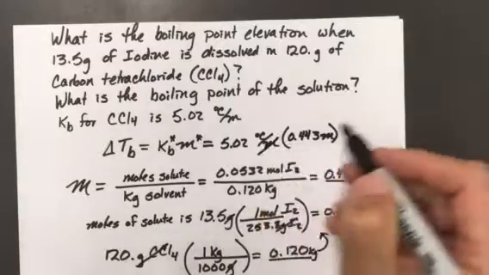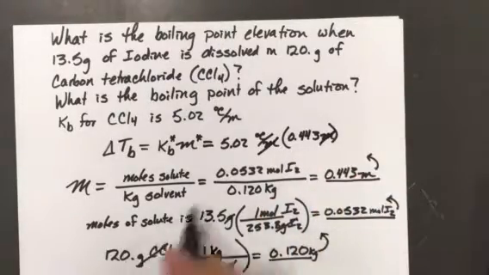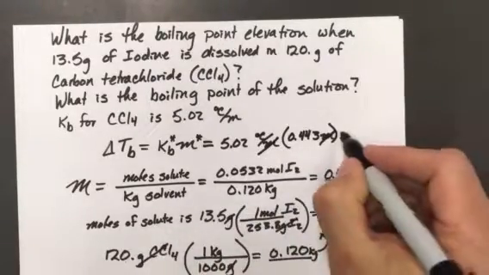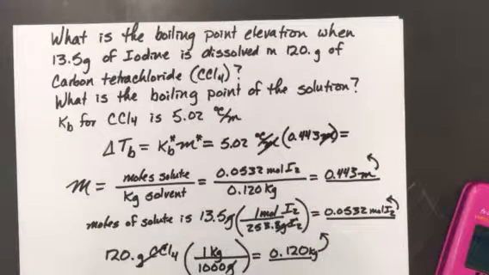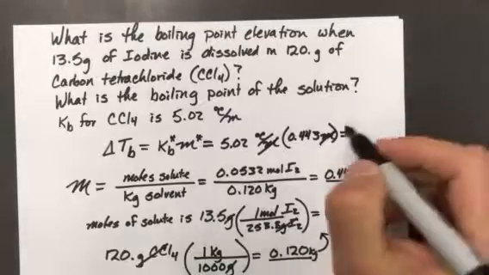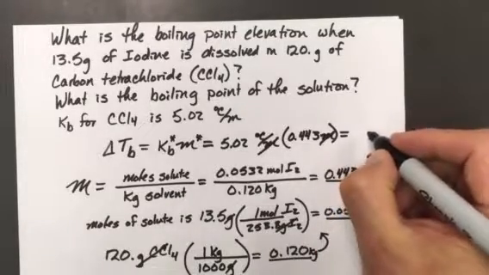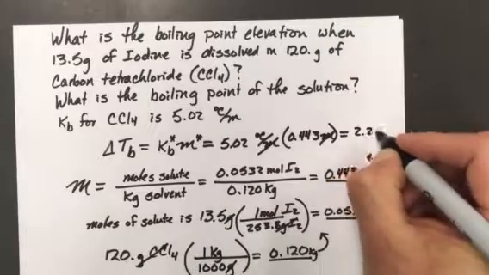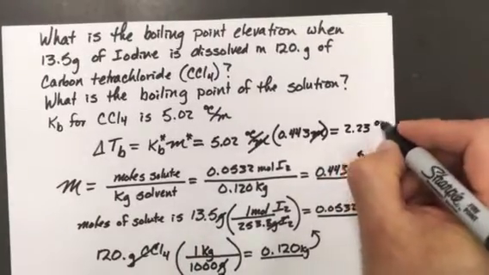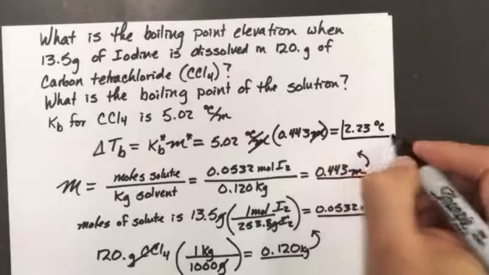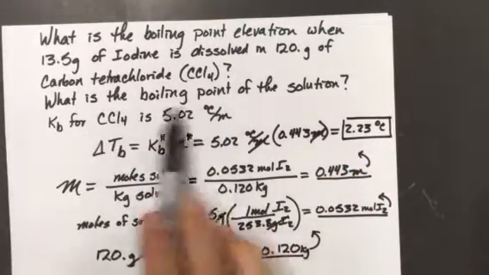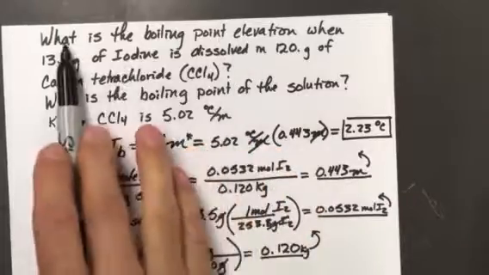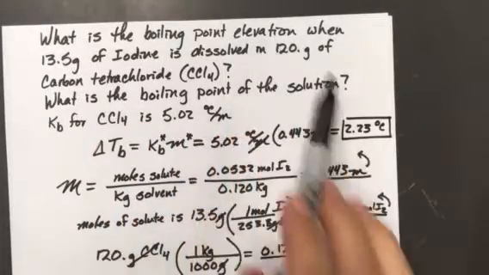And my molality will cancel out, and I'll be left with degrees Celsius. And so this will equal 2.23 degrees Celsius. So that will be my boiling point elevation. What is the boiling point elevation?